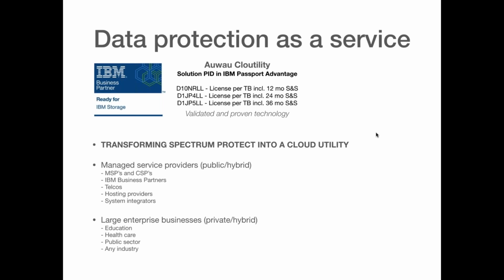And the managed service providers, you know, they come in different flavors. So the MSPs and CSPs. So the managed service providers, the cloud service providers, it's IBM business partners, it's telecommunication companies, hosting providers, system integrators, all types of companies that are providing public clouds to the market.